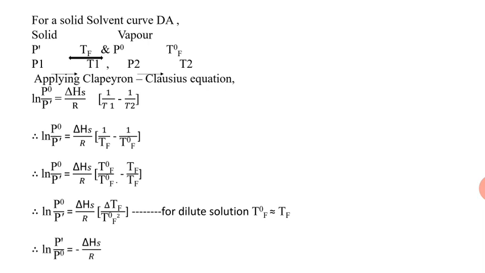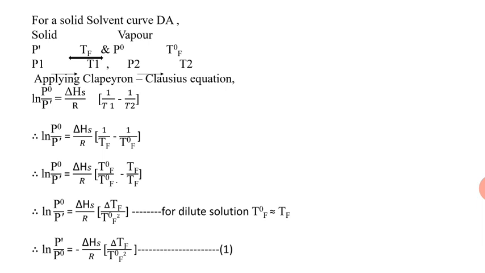Therefore, just reverse the equation: ln P dash upon P0 is equal to minus delta Hs by R inside the bracket delta Tf upon T0F square.